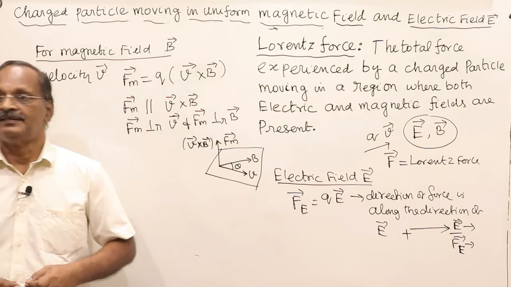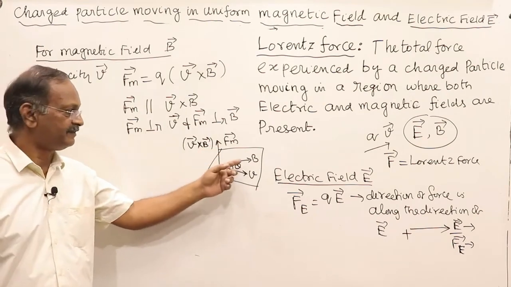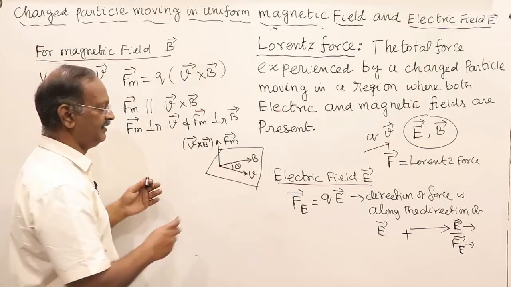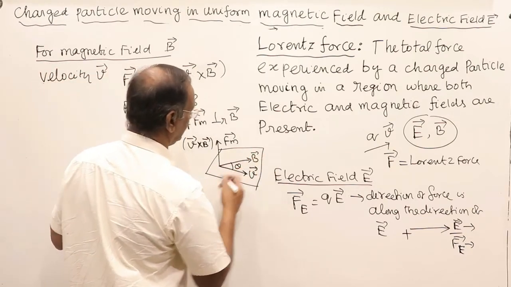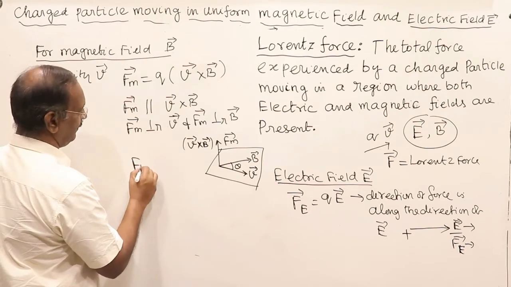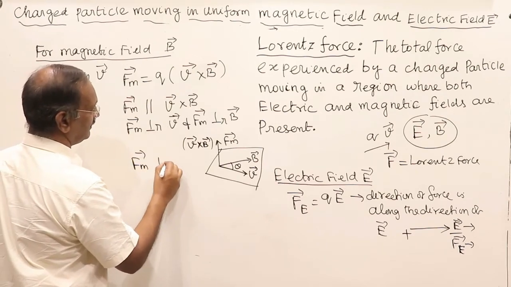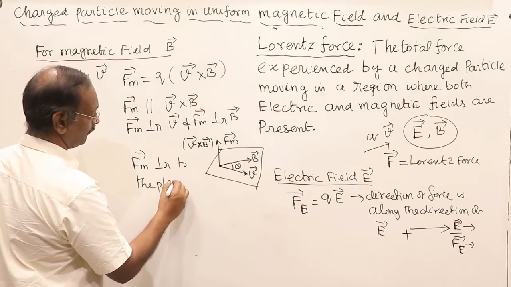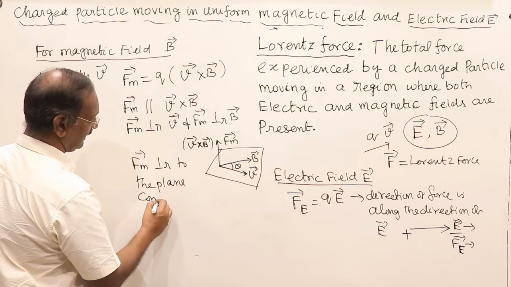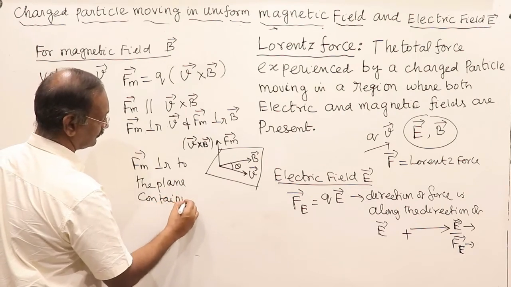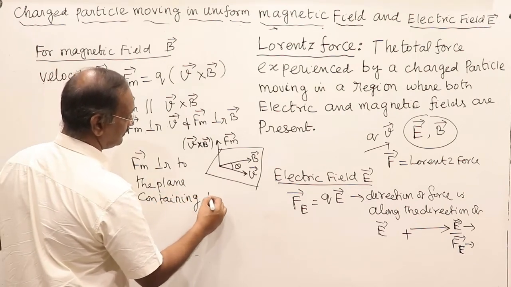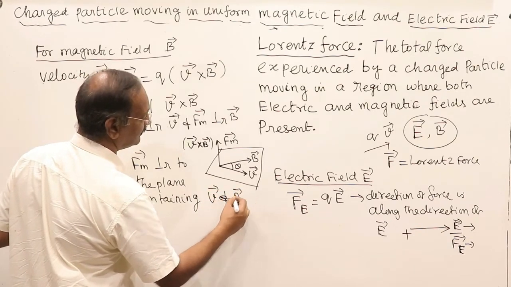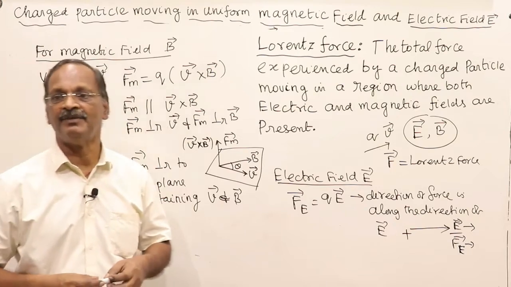So this force Fm is perpendicular to the plane containing v vector and B vector. This already we have seen, again I am repeating it.